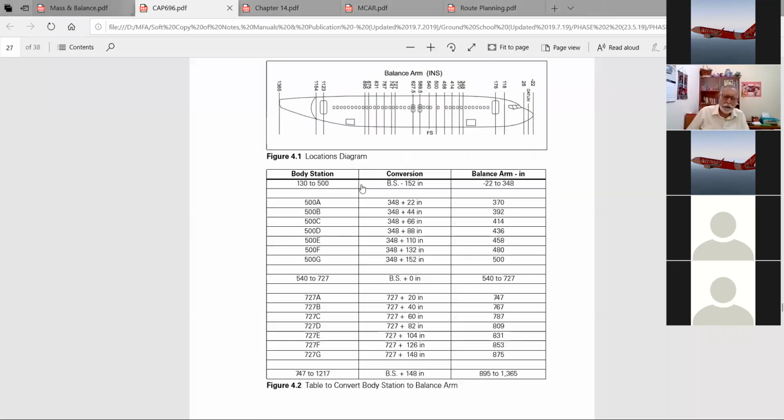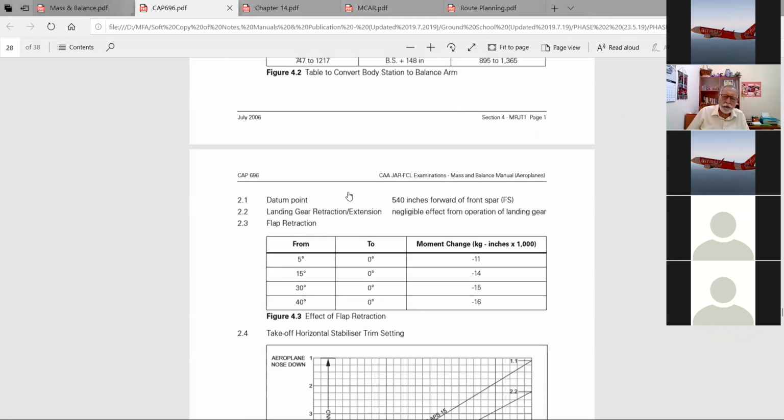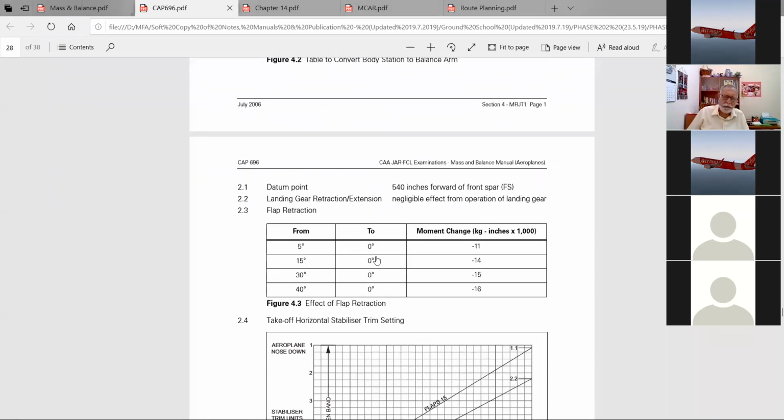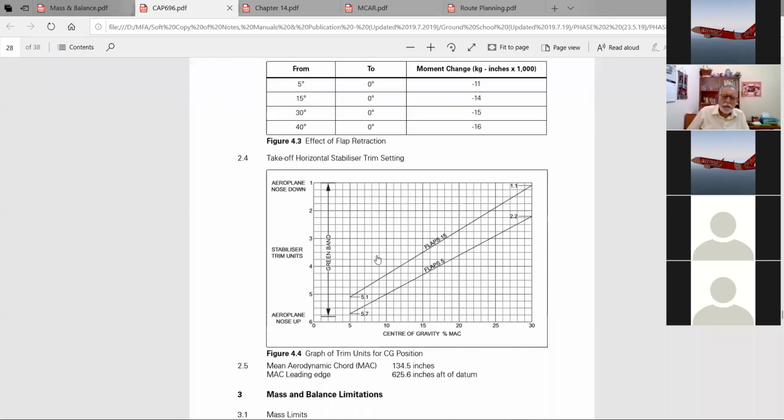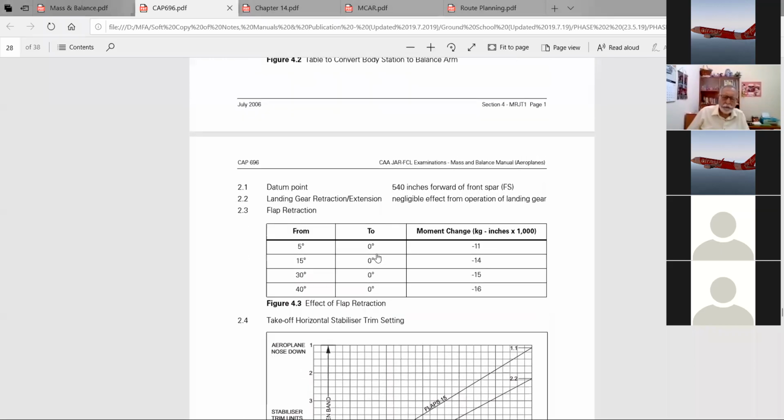Any questions on chart figure 4.1, figure 4.2, or figure 4.3? Sir, from figure 4.3, every time there's a movement of flaps, let's say flap retraction, it means the CG is getting more forward, is it?